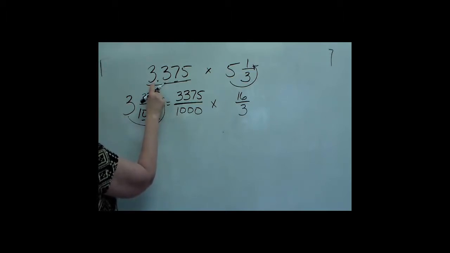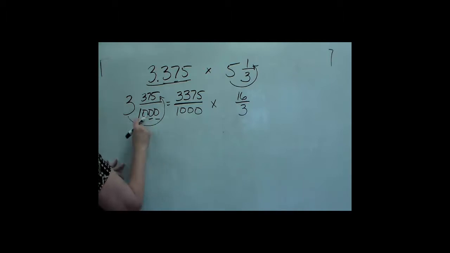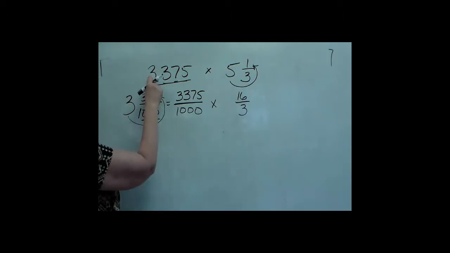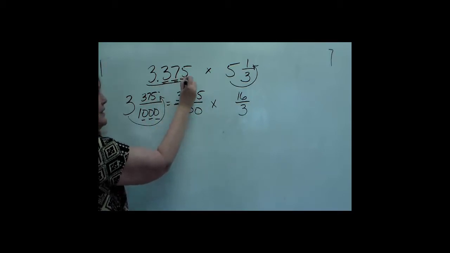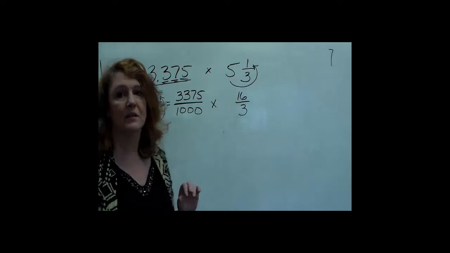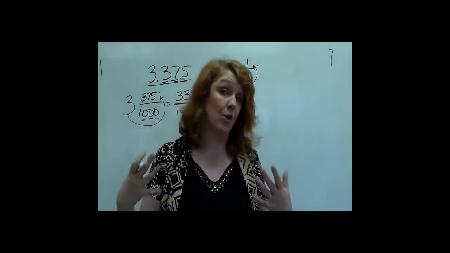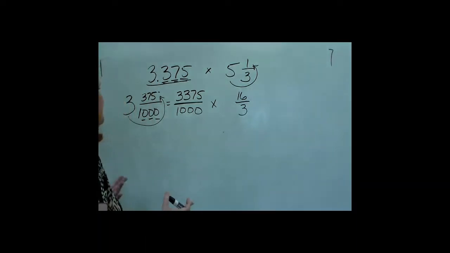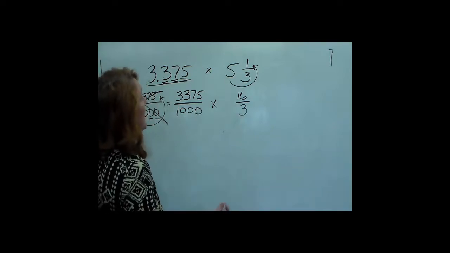Knowing that this is 3 whole numbers, it's 3 thousands. This is going to be your 3,000 number. You can take this whole number and put it over this decimal when you build your fraction, and you will end up with an equivalent fraction. Now, this goes away, because we've converted it, and now we've got our two fractions that we can multiply.